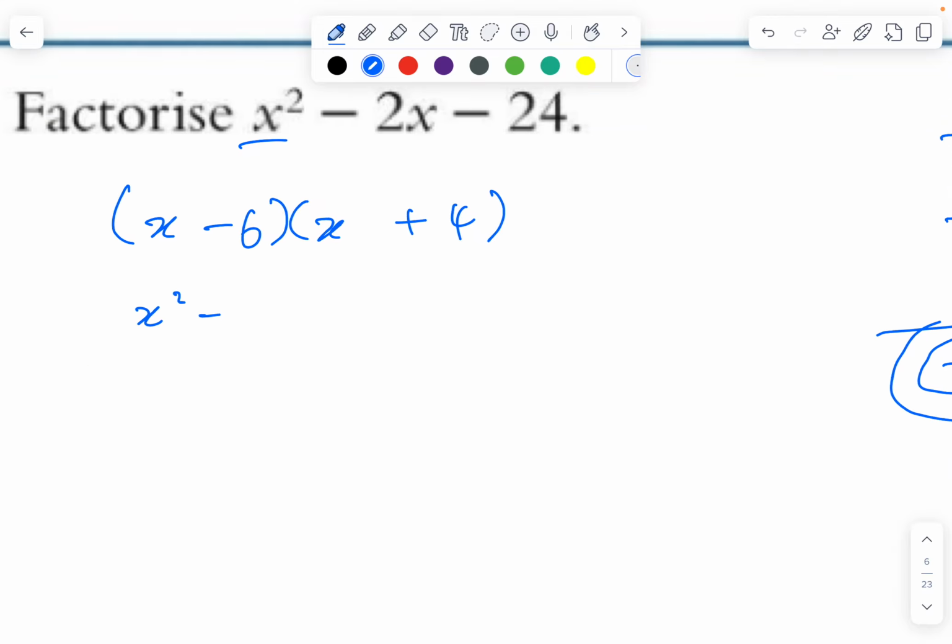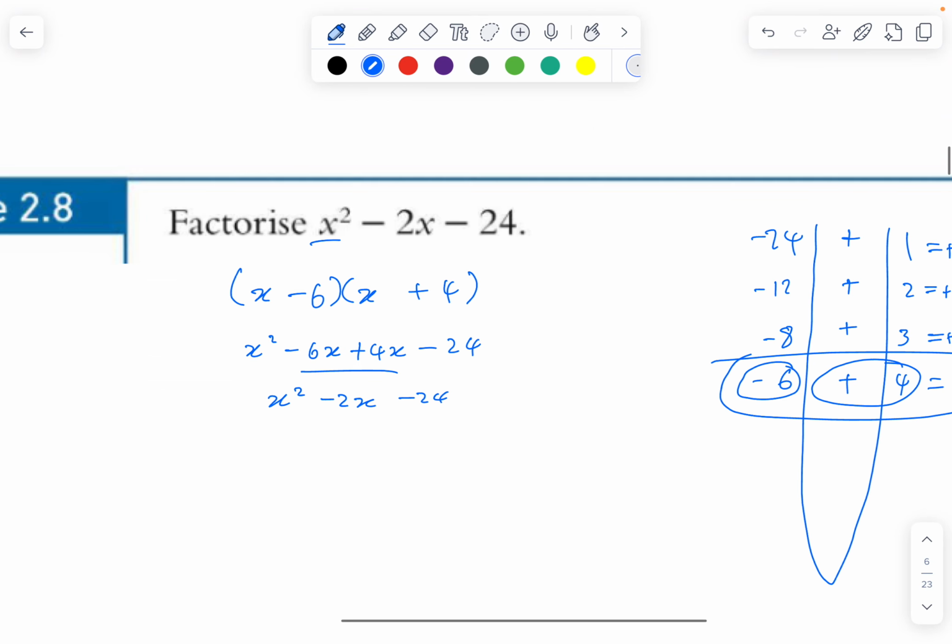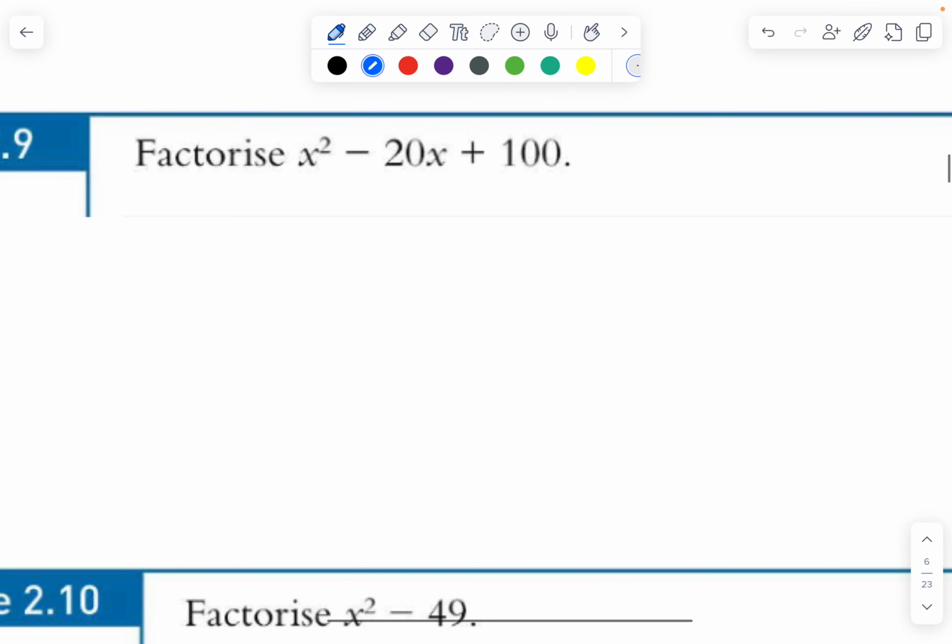So it will be minus 6x plus 4x, and then this is minus 24. And this exactly gives you x squared minus 2x minus 24, which is exactly what you had first.